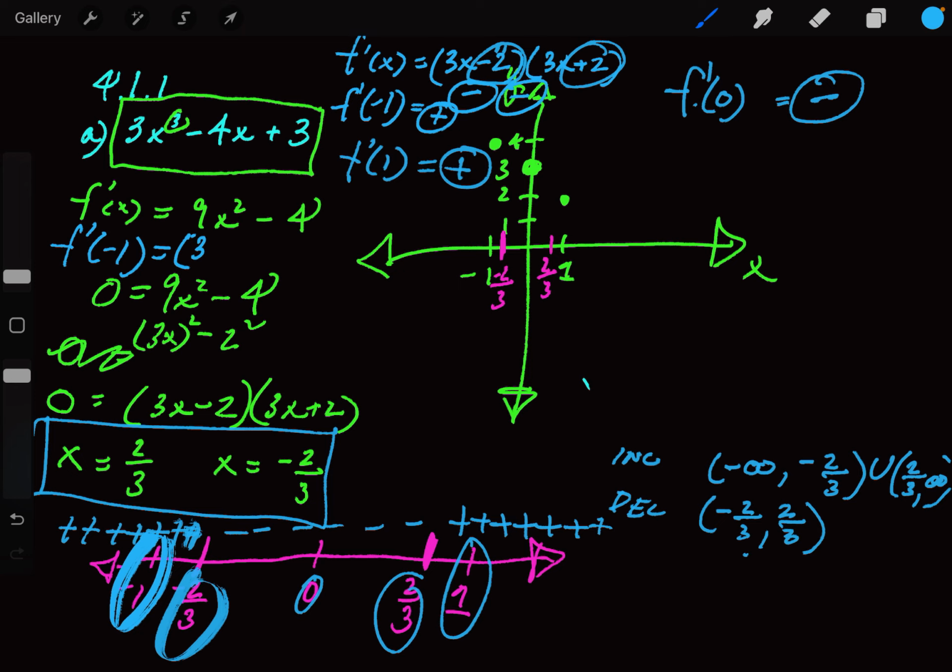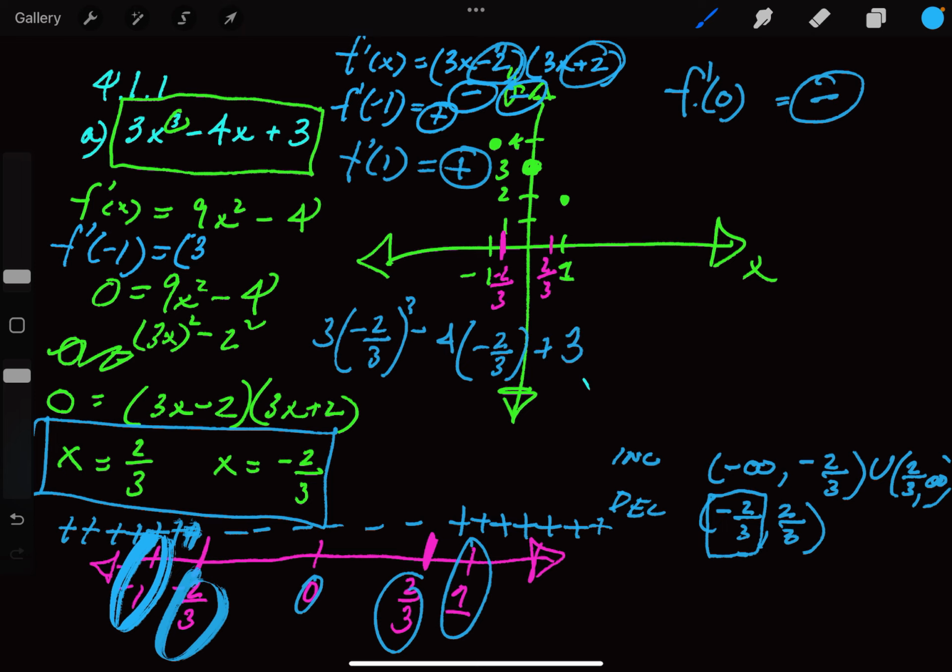You can plug in this negative 2/3 into the original function, right? So if I take my time, 3 times negative 2/3 cubed minus 4 times negative 2/3 plus 3. And let's see how ugly this looks.